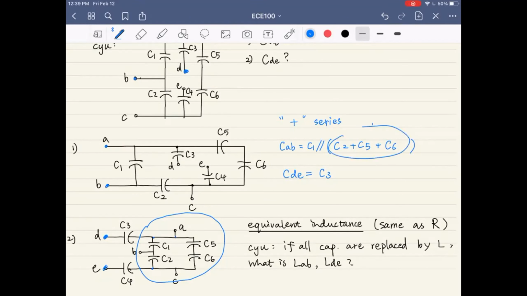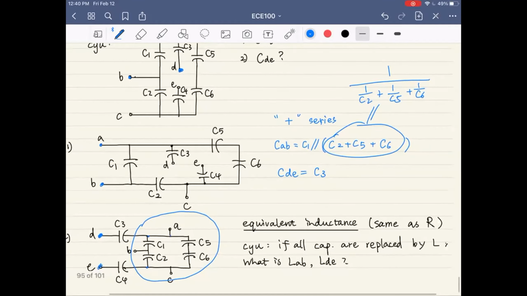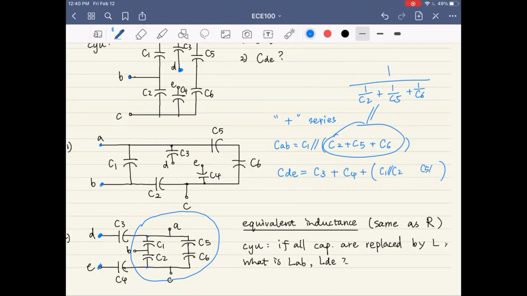So this part should be C2 and 1 over C6. Then C3 plus C4 plus something here. And we know that C1 parallel with C2, C5, oh, sorry.